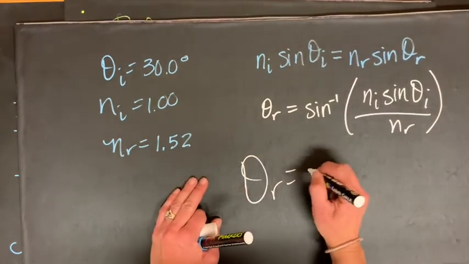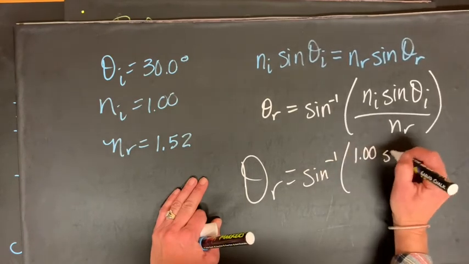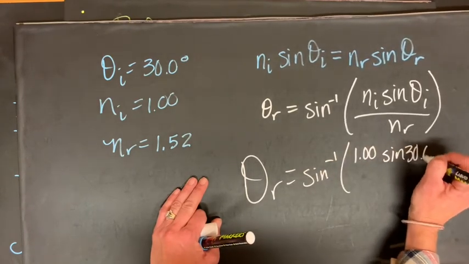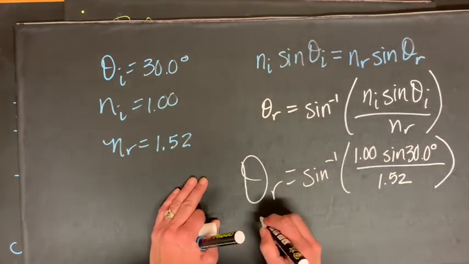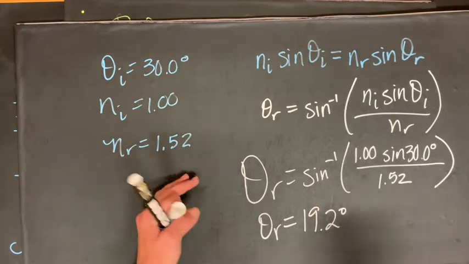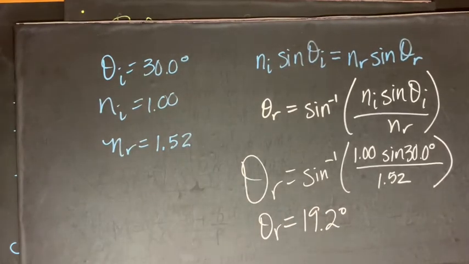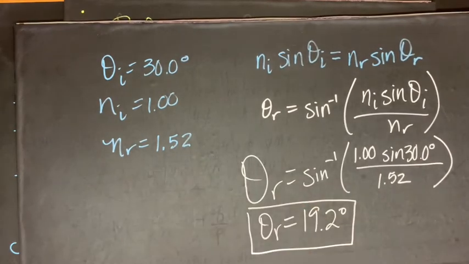Theta r equals the inverse sine of 1 times the sine of 30 degrees divided by 1.52. That gives us a refraction angle of 19.2 degrees. Does that make sense? Yes, it does. It's going to be traveling more slowly, so our refraction angle is going to be smaller.